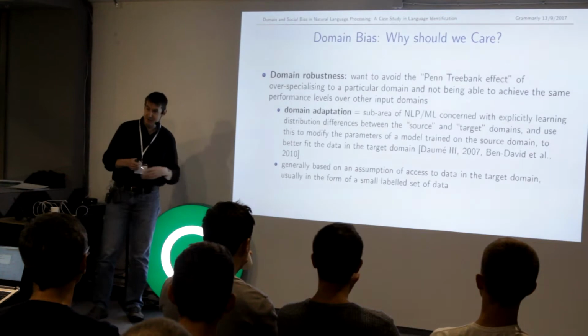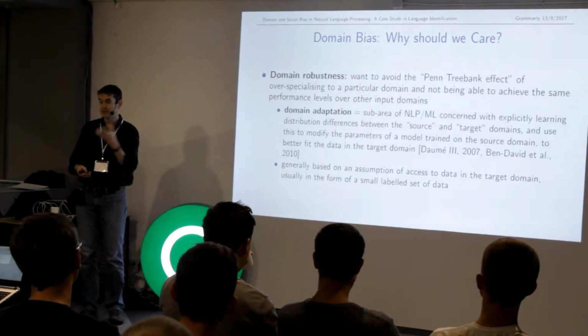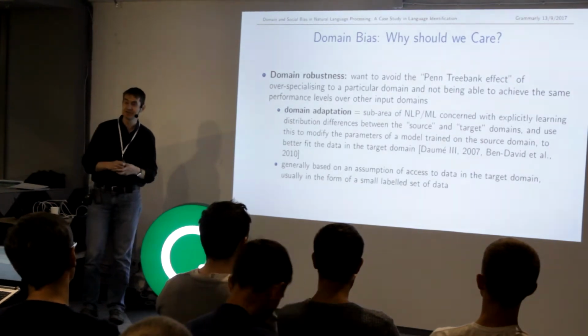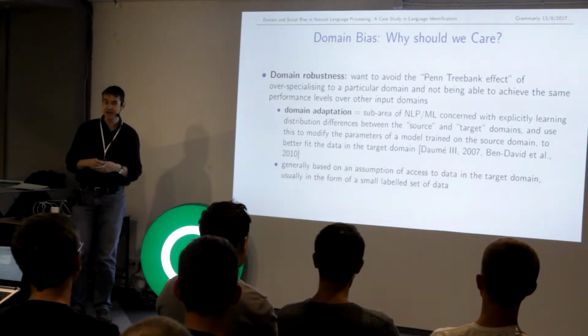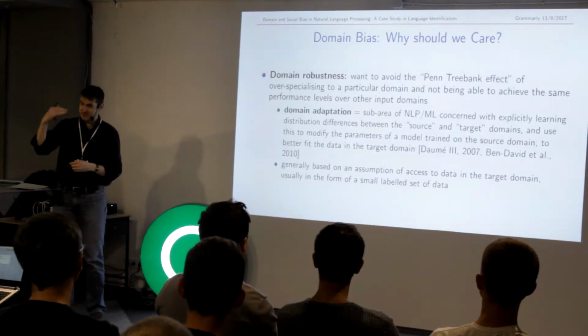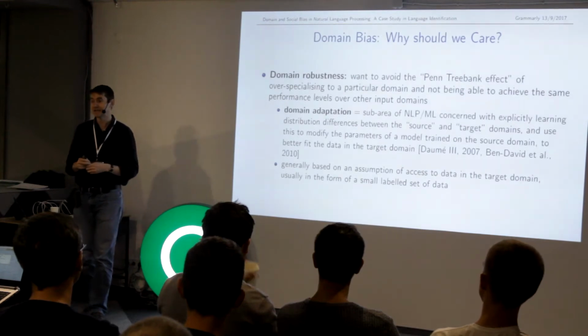What do I mean by the Penn Treebank effect? That's the idea that we do our in-domain training over this particular dataset, and we produce ever-increasing scores, unlabeled attachment scores, say, in terms of F-scores, and we see those numbers creeping up over time, and we convince ourselves that we are getting better at parsing.